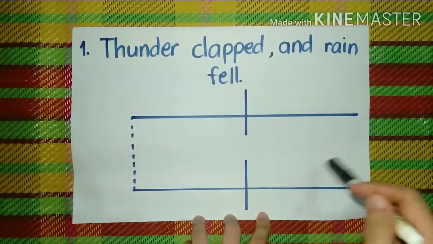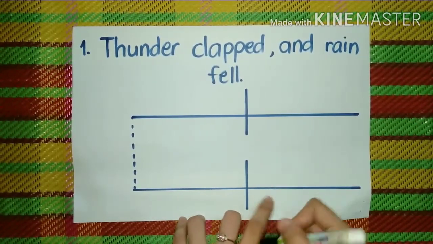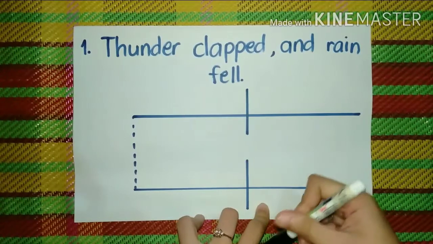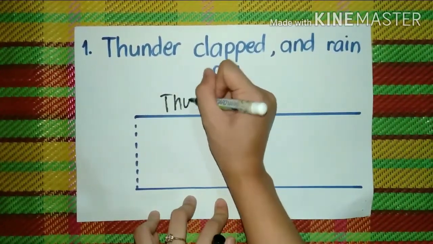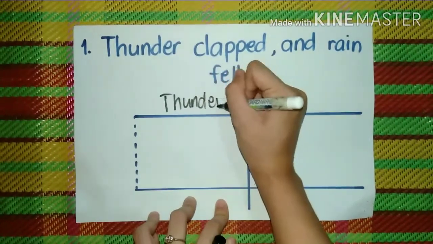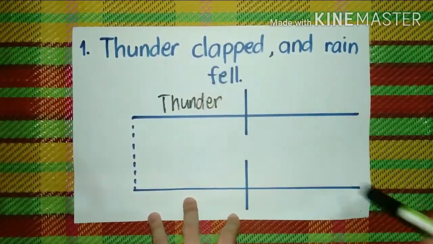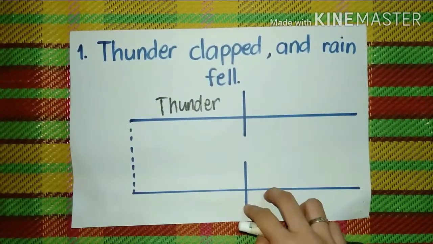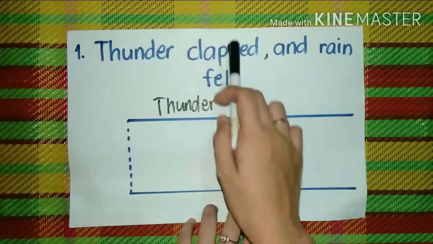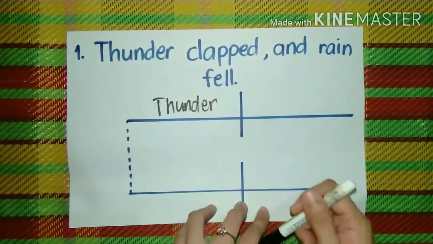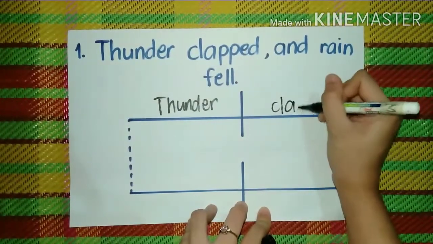The subject that we have to identify is the word thunder, because that is what we are talking about. So you just have to write thunder on this part. Next, clapped. So clapped will be the predicate of this first idea because it refers to the thunder. So you just have to write clap in this part.